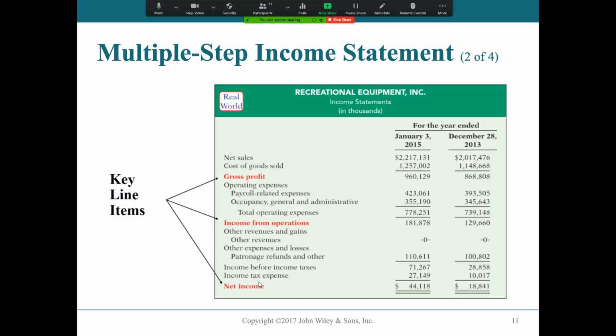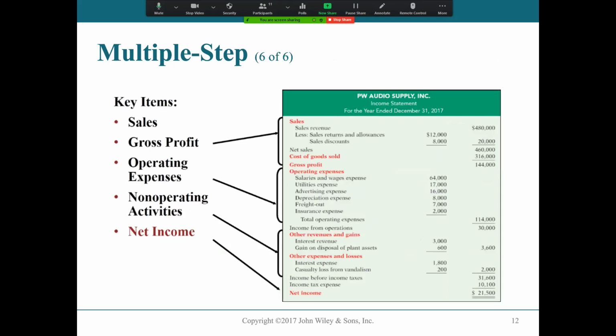And then we have net income at the bottom. And then an expanded multi-step income statement might even show all of the sales information. So now it shows sales, less any returns and allowances, less any discounts. That gives us what's called net sales. Net sales minus cost of goods sold is our gross profit.